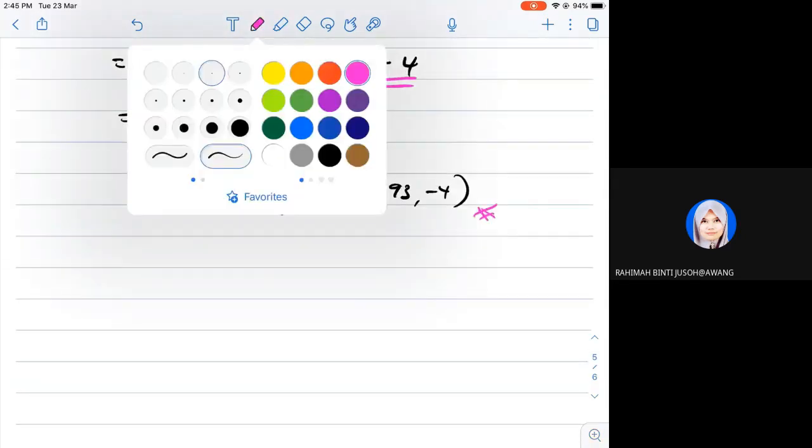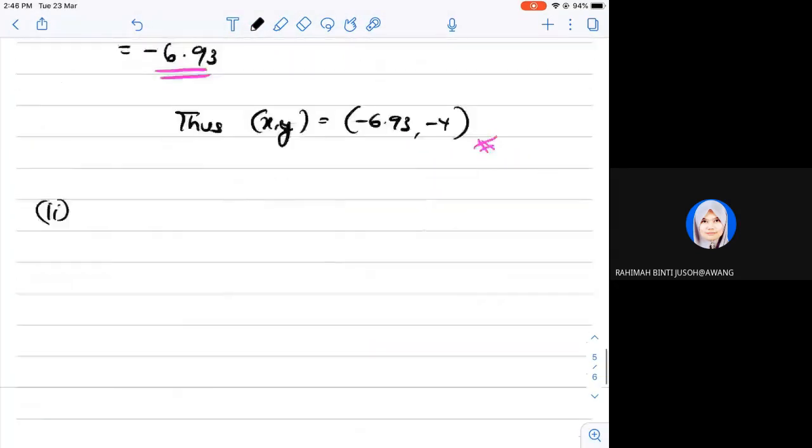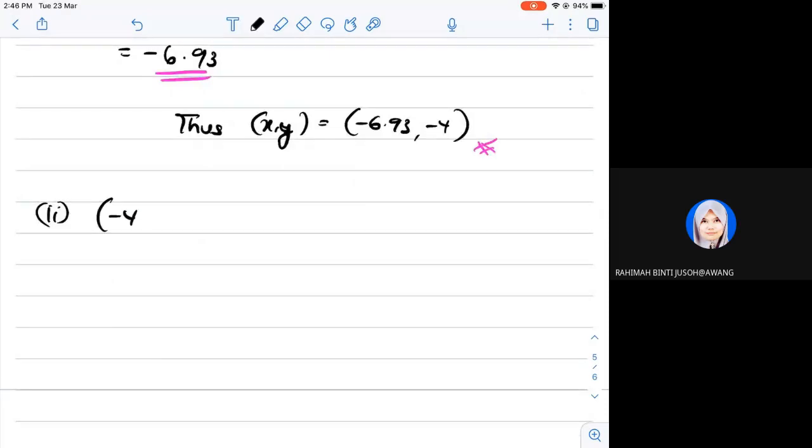Okay, question number 2. Negative 4, pi over 3. So, find x equals negative 4 times cos pi over 3, and then y equals negative 4 times sin pi over 3.